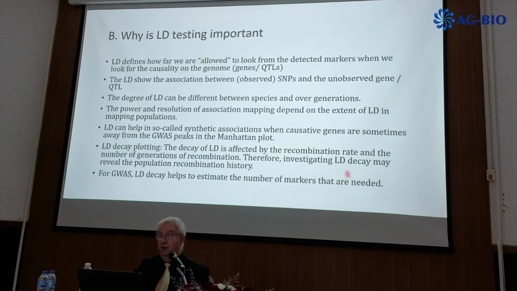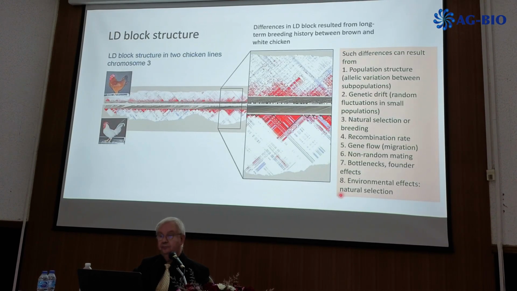Therefore, study of the linkage disequilibrium decay may reveal the population recombination history. LD decay also helps to estimate the number of markers that are needed. If you have a very strong linkage disequilibrium in a certain region around your QTL, you may need many more markers in that region.